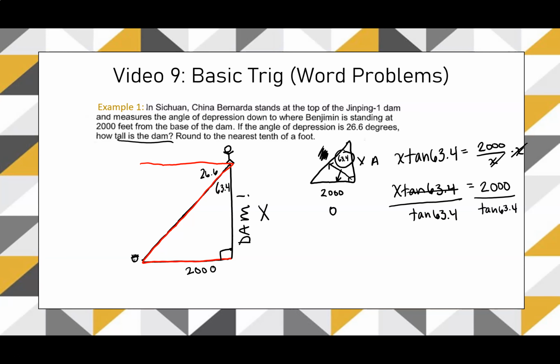So the tangents cancel here, and I'm left with X equals 2,000 divided by tangent of 63.4. And I plug that into my calculator, and I roughly get 1,001.5 feet. Maybe check with your calculator that you're getting that answer as well. All right, does that make sense that our dam would be 1,000 feet? Yeah, I think that definitely makes sense.